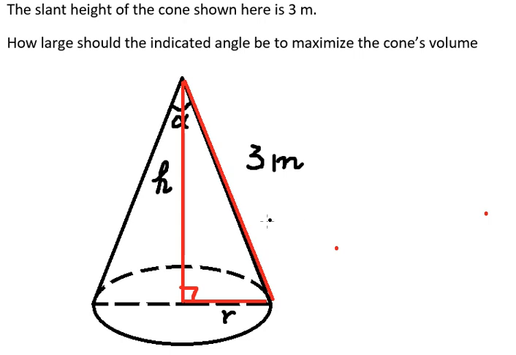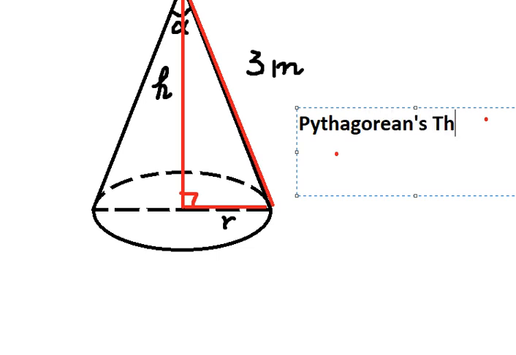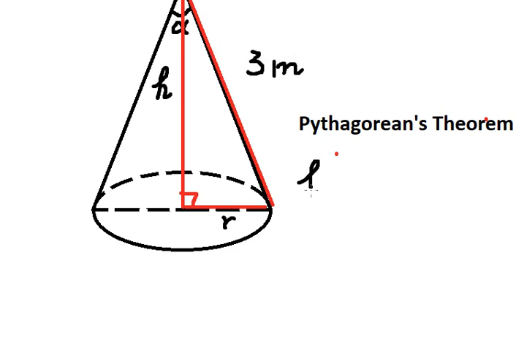So the next one, we have H, R, and number 3. We can apply the Pythagorean theorem. So that should be H squared plus R squared equals 3 squared.